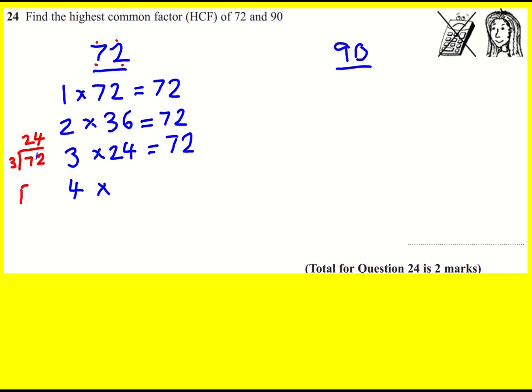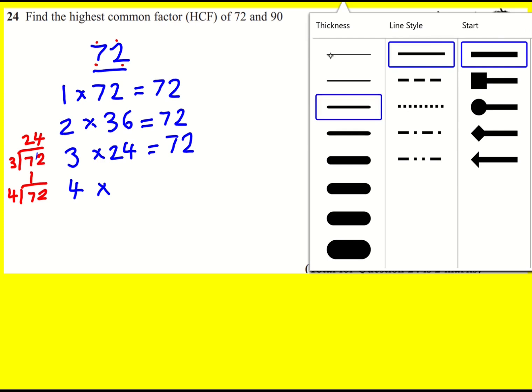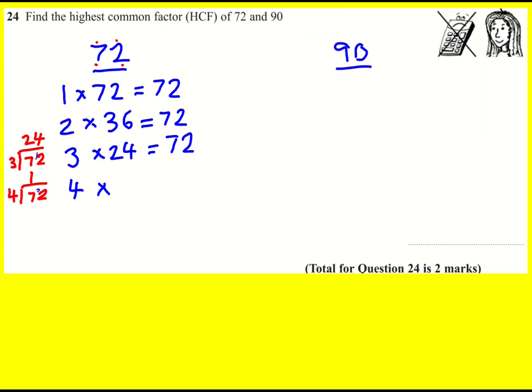So 4's into 72. 4's into 7 goes once, remainder 3. And then 4's into 32, 8. So 18. So 4 goes in 18 times to give 72. 5 doesn't go in because it doesn't end in a 0 or a 5.